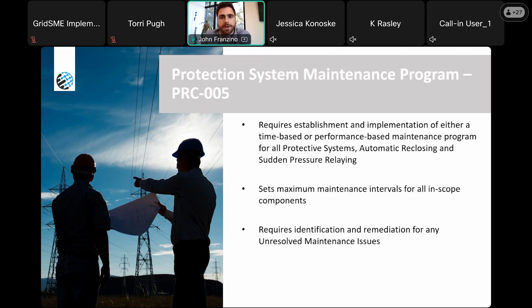So it's the responsibility of the owner to put the program in place, to oversee the program and gather evidence from the O&M provider who's actually carrying out the activities on site. And similar to the misoperations requirement we just went over, if there are maintenance issues identified, they don't call it a corrective action plan in this standard. They call it an unresolved maintenance issue, but that requires follow-up and triaging to completion as well.